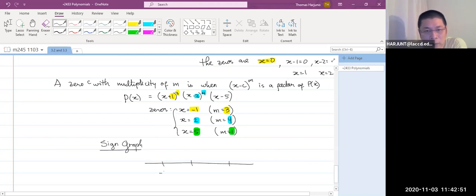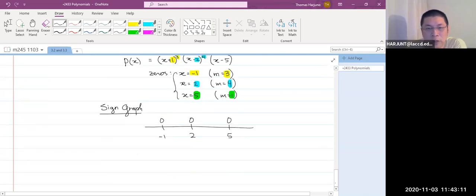You get -1, 2, and 5. Those are the critical numbers. In fact, those are the zeros, which means when you plug in x equals to -1, the polynomial is 0. When you plug in 2, the polynomial also 0. When you plug in 5, the polynomial is 0. Now, let's do the sign graph.